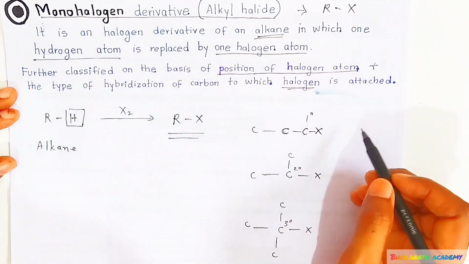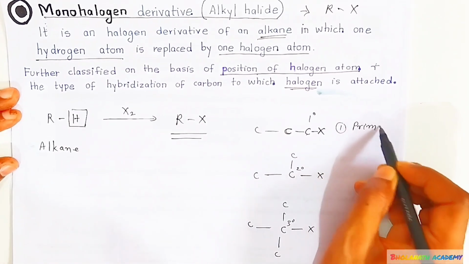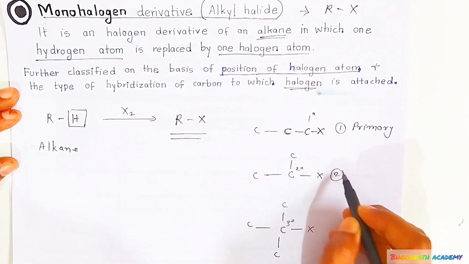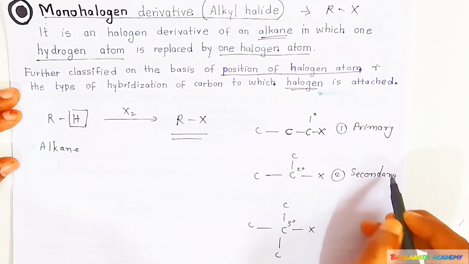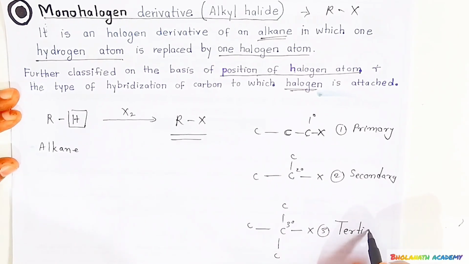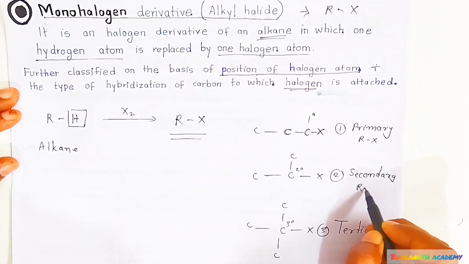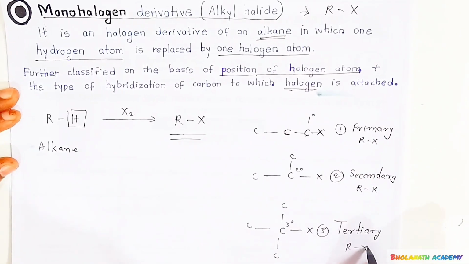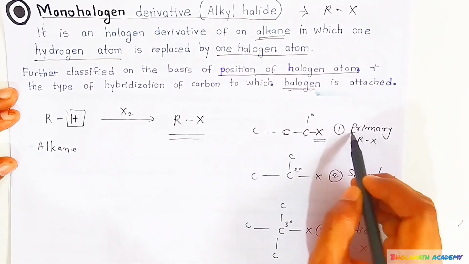Monohalogen derivatives are also classified into three categories. The first is primary alkyl halide, then secondary, then tertiary alkyl halide. So this is the example of alkyl halides, students. If the halogen atom is attached to the first degree carbon, this is called a primary alkyl halide.